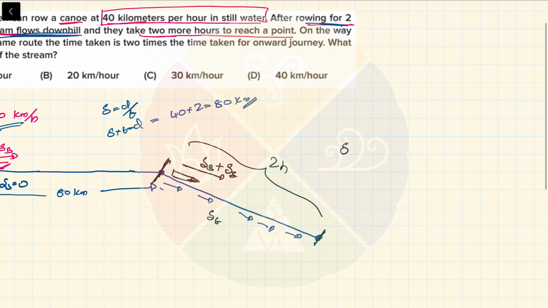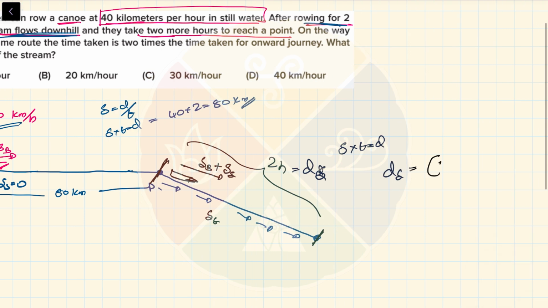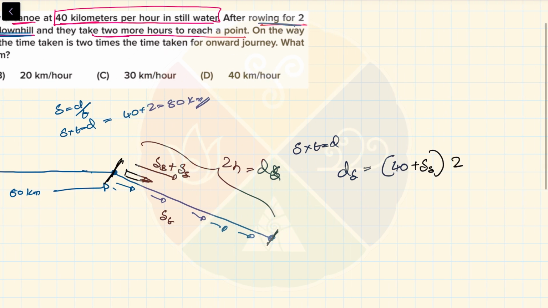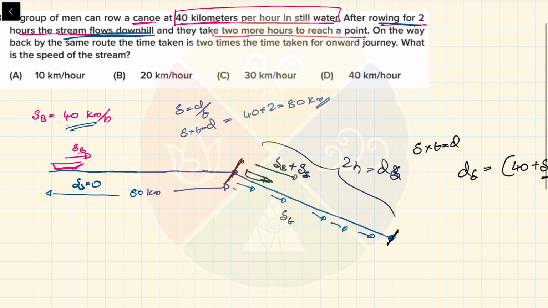Again, speed into time is equal to distance. Let's call this distance d slope, ds. So ds is going to be the speed of the boat, 40 kilometers, plus the downhill speed of the stream, which I don't know, so I'm simply going to call it Ss, into 2 hours. We don't know the value of this, let it be like that.